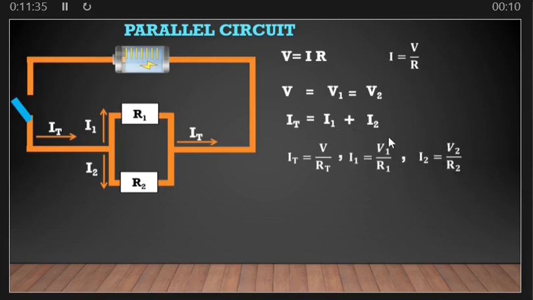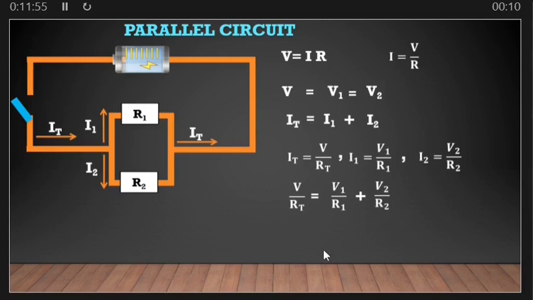So this equation now becomes V over RT is equal to V1 over R1 plus V2 over R2.